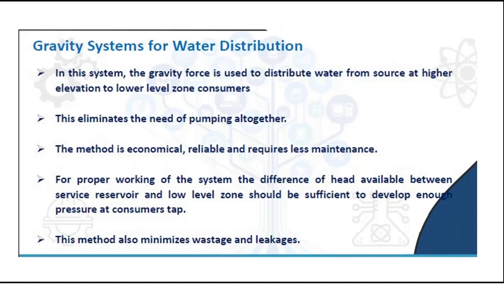If you don't know how to work with the TEL and HGL, then of course you cannot provide a good water distribution system, and that too a gravitational system. Therefore, you have to be very thorough with HGL and TEL before coming to the water distribution system.